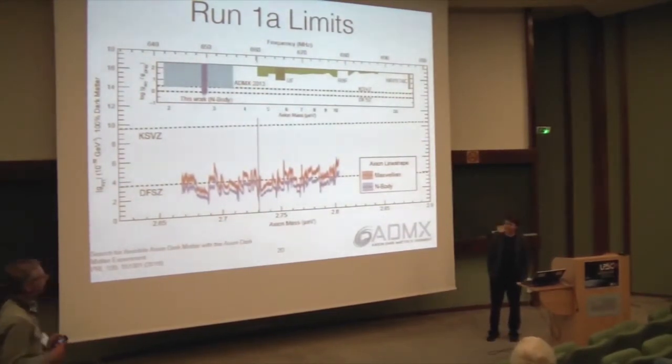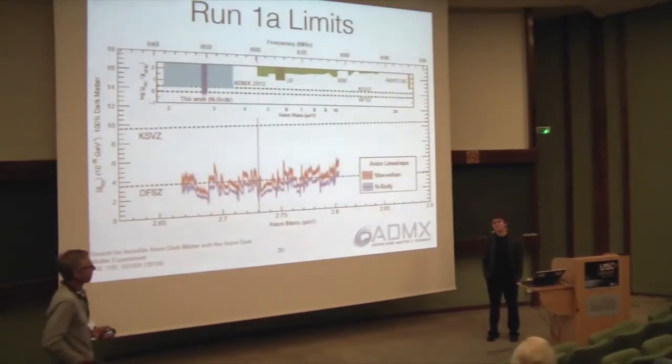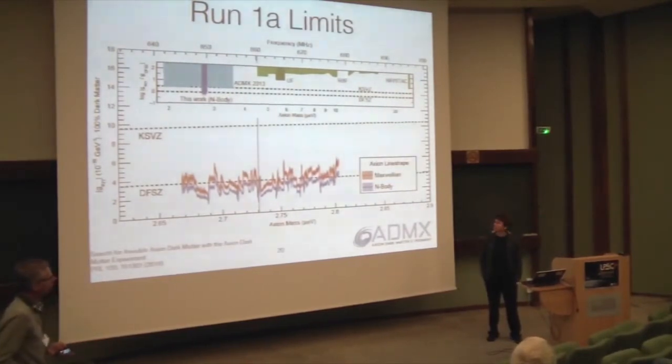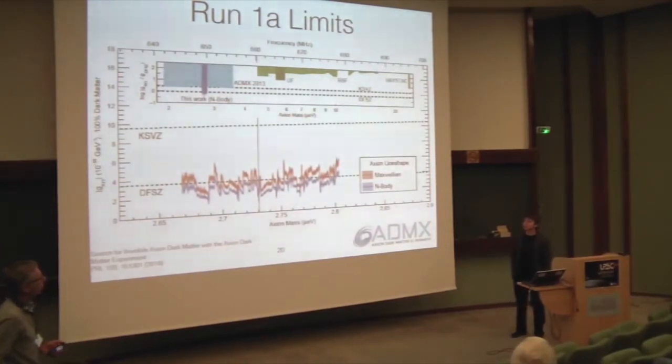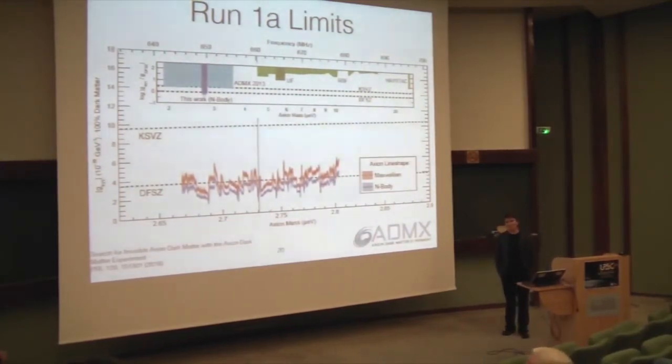Which one? I don't know enough specifically of any plan. Of what's published, none have so far. So essentially ADMX is the most sensitive one. In this mass reach, that's the best. Thank you. And the only.